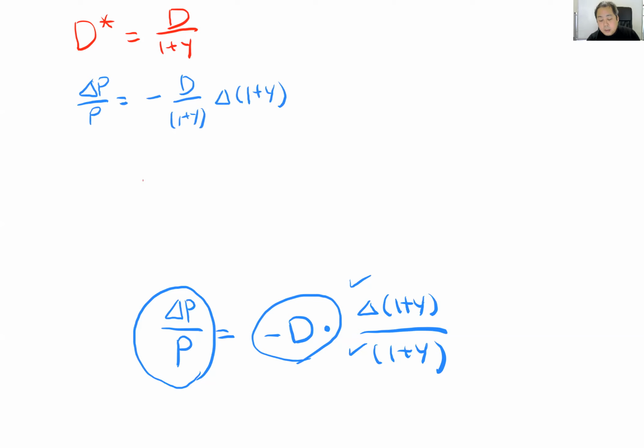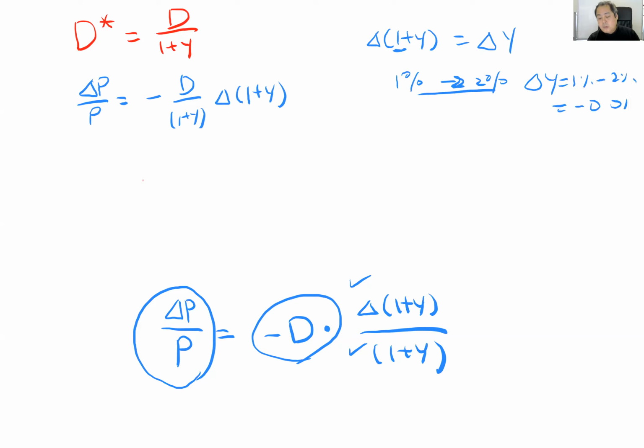Now, delta (1 plus y) should be the same as delta y, because the 1 always cancels out for changes. For example, if your interest rate changes from 1% to 2%, then delta y is simply 2% minus 1%, which is 0.01. 1 plus y goes from 1.01 to 1.02, so the change is 1.02 minus 1.01, which is the same 0.01.